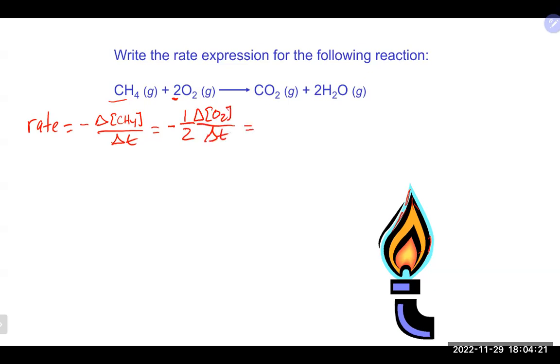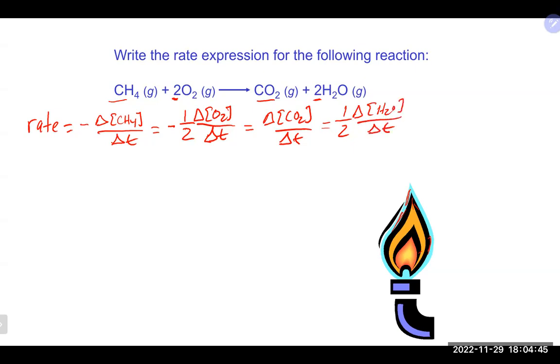Coming to our product side, these should be increasing with time, so we don't need a negative. The coefficient is 1, so it would just be the change in concentration of CO2 over the change in time. And lastly, for our water, we have a coefficient of 2, so 1 over 2, the change in the concentration of water over the change in time.